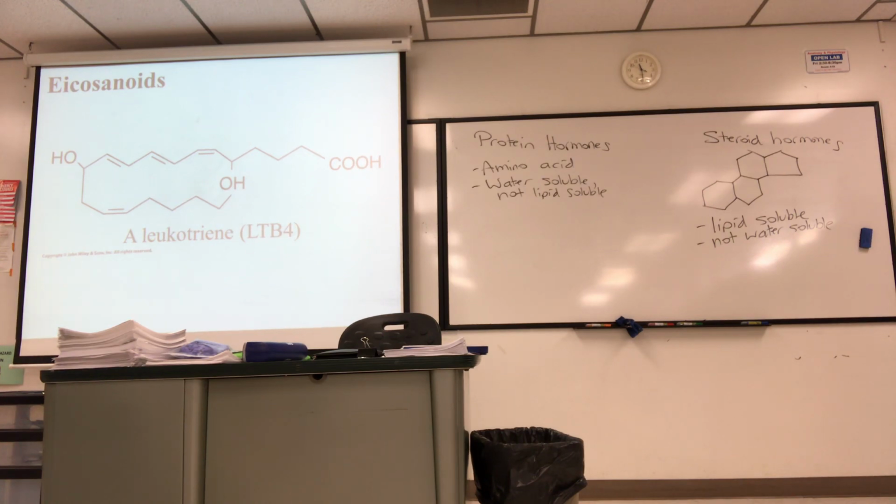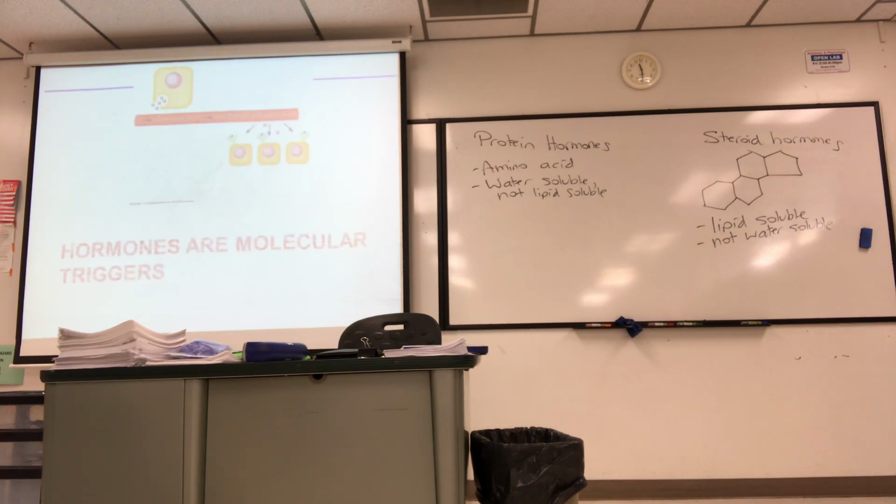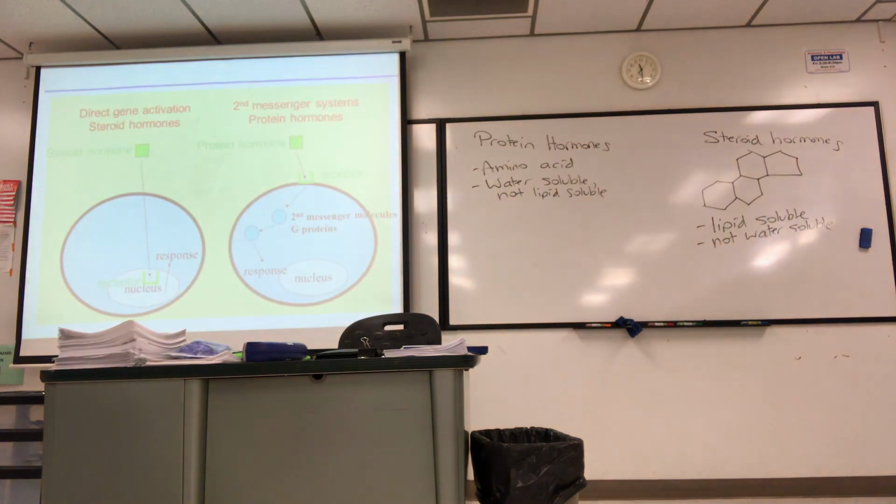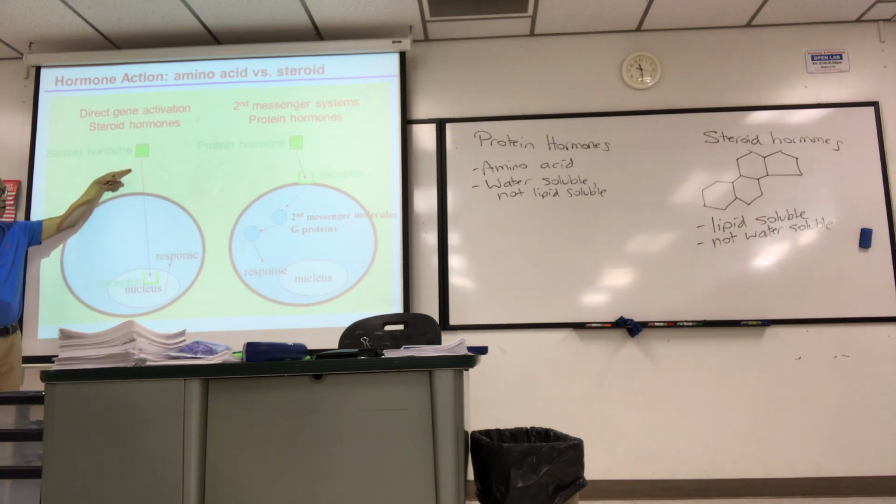The reason we're sticking to those two is that it shows us how hormones affect target cells differently. Hormones are molecular triggers, but they trigger the target cell in different ways. The basic idea is that a steroid hormone, since it's lipid soluble, and like dissolves like, can go right through the cell membrane.